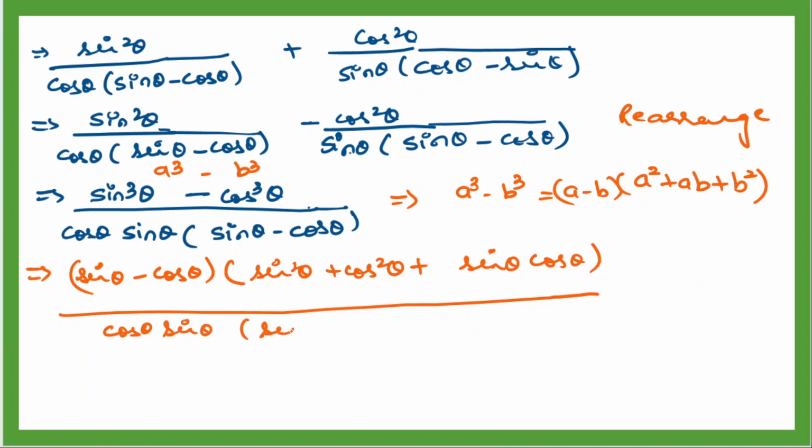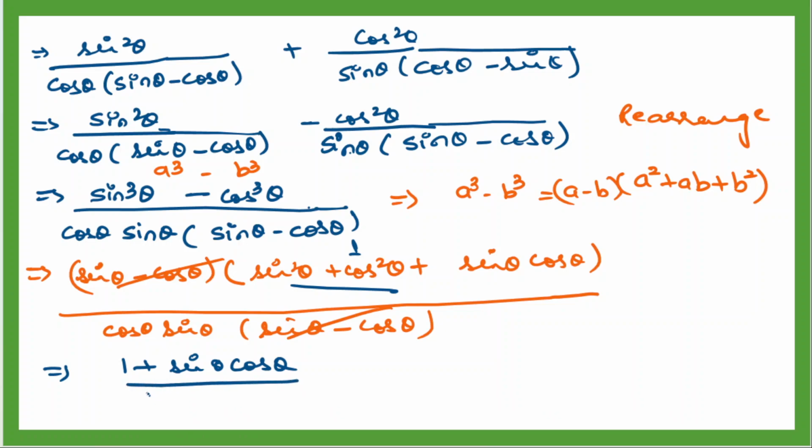Sorry, this is not 2 sin theta cos theta because this is not a square plus b square. In the second part you have sin theta minus cos theta, so sin theta minus cos theta will be cancelled out from your numerator. Okay, and sin square theta plus cos square theta is going to become 1. So you have 1 plus sin theta cos theta divided by cos theta sin theta.